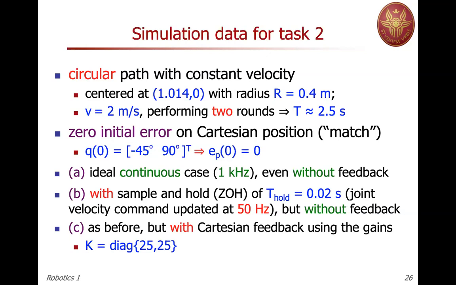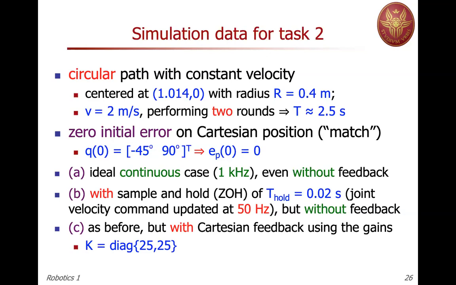So I will trace the circular path with the desired constant speed of 2 meters per second. Who's giving me this command? The feed-forward term, because the feedback is 0, but the feed-forward is there exactly for doing this task.